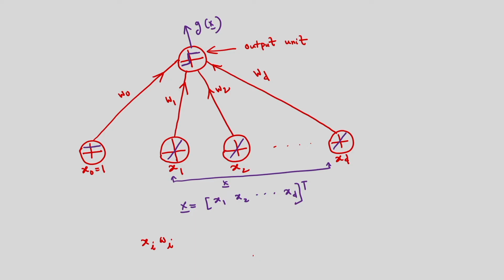The value is +1 if w^T x + w0 is greater than 0. What we are considering, w^T x + w0, we are determining with the help of this connection. So the output unit sums all these products and emits +1 if w^T x + w0 is greater than 0, or -1 otherwise.